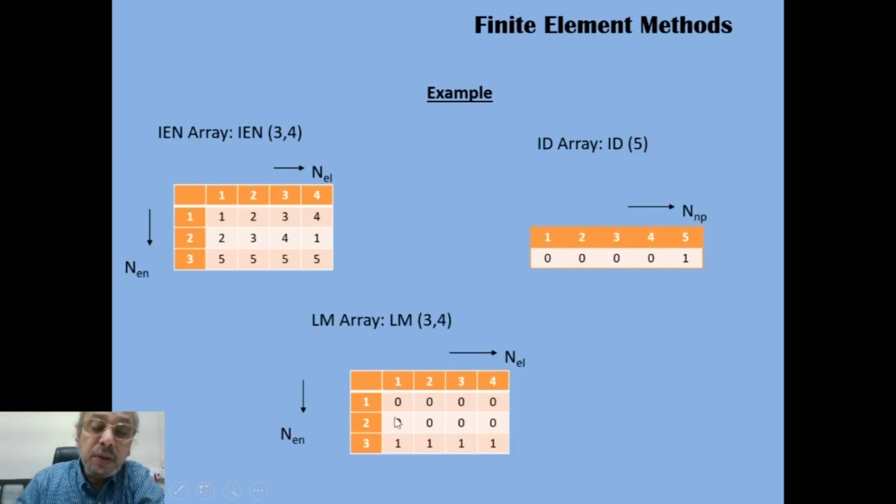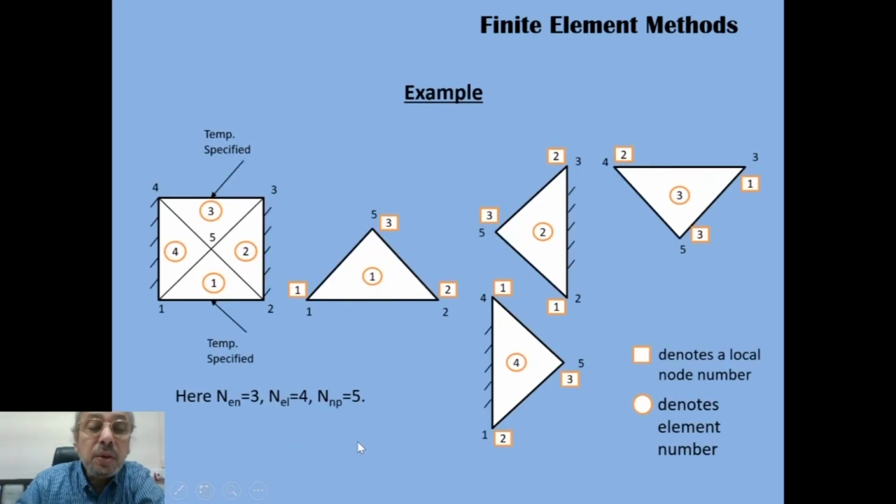Similarly, first element node 2, second element node 2, third element node 2, fourth element node 2, we have to see whether we need an equation. But first element node 3, second element node 3, third element node 3, fourth element node 3, all these nodes are basically the fifth node.